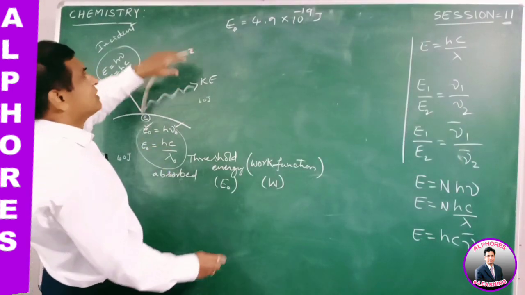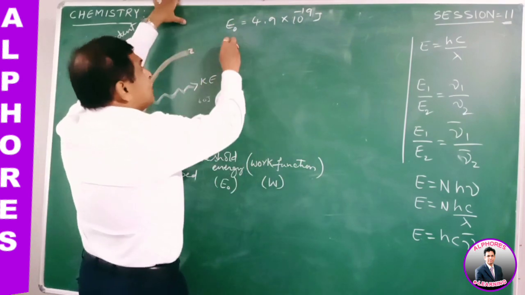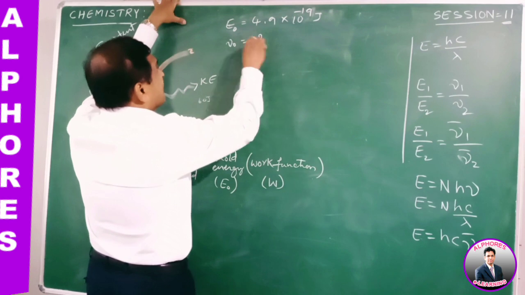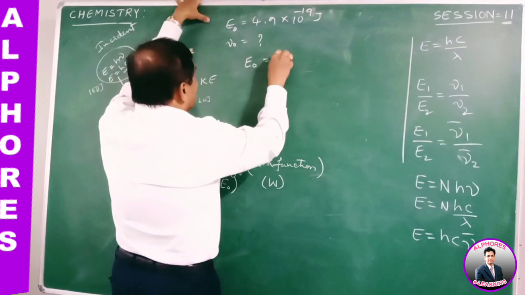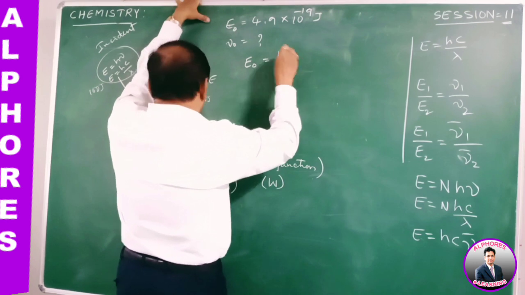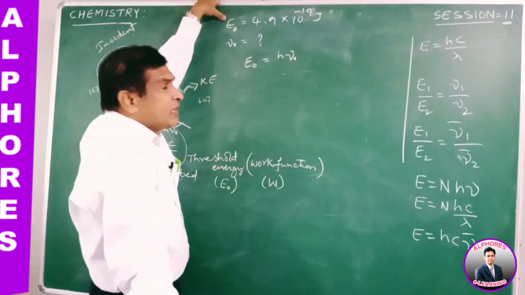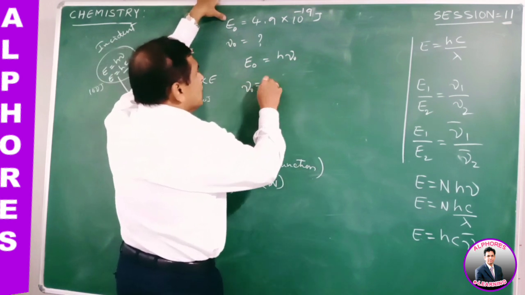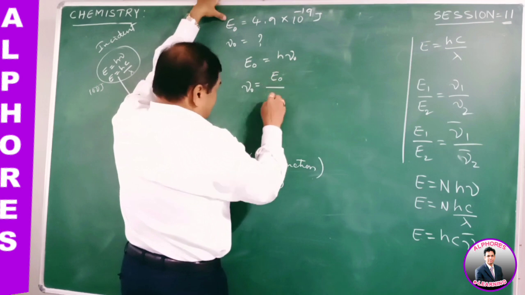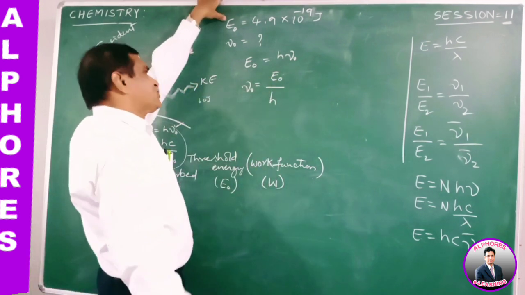Say E naught is equal to h nu naught. So we can say nu naught is equal to E naught by h, that is threshold energy divided by Planck's constant.